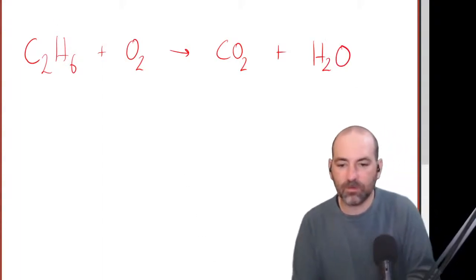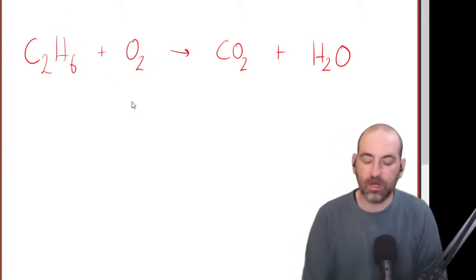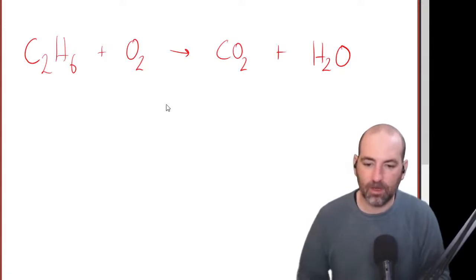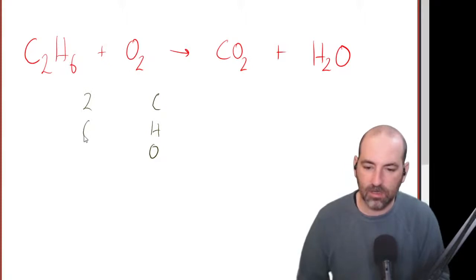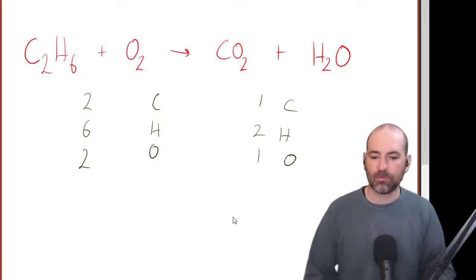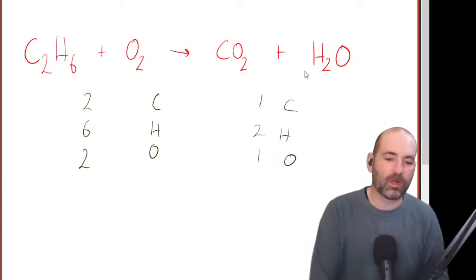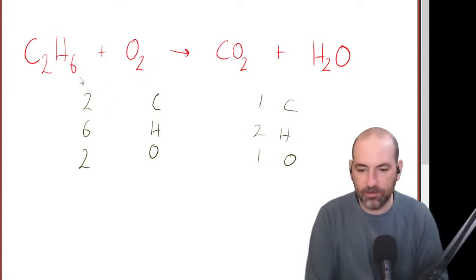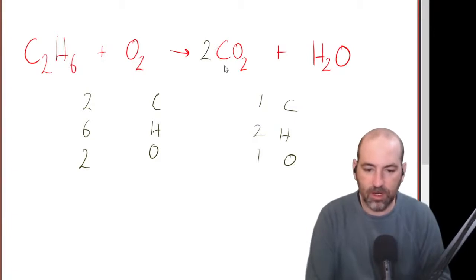So what happens with these is you start to balance them like normal, and you go, okay, we've got C, H, and O, and on this side we've got 2 C's, 6 H's, and 2 O's, and on this side we've got 1 C, 2 H, and 1 O. So we start to balance. We know we're going to save the oxygen till last because this side has a bunch of oxygen. So that means that maybe we'll start with carbon. We can start with hydrogen too. It doesn't really matter. But we put a 2 here.